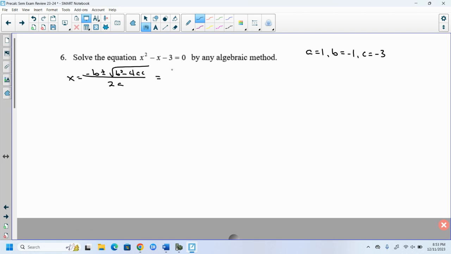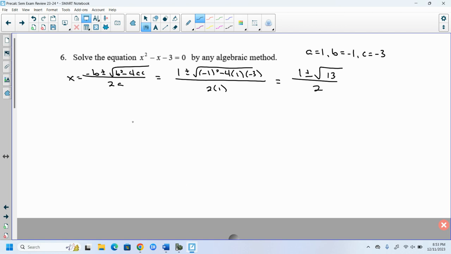So I'm going to get the opposite of negative 1, which is 1, plus or minus the square root of negative 1 squared minus 4 times a times negative 3, all over 2a, which is 2 times 1. So I get 1 plus or minus, that's going to be positive 1 plus 12, square root of 13 over 2. Nothing really I can do after that.